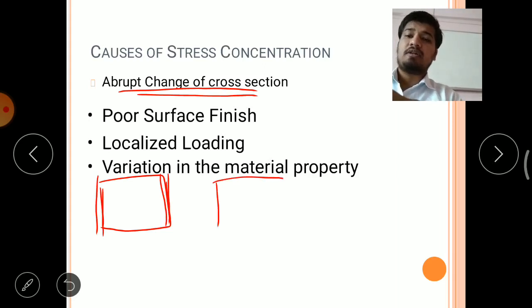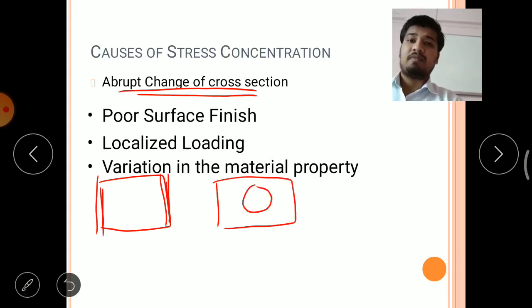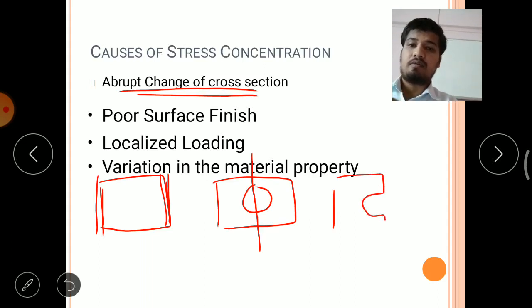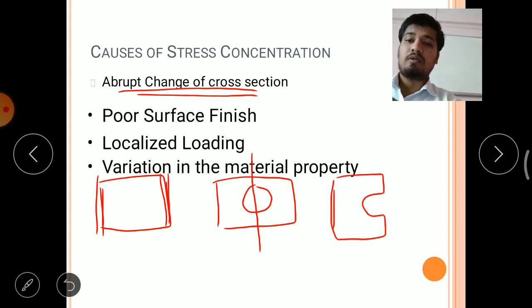In the second case, we manufactured one hole inside the material, and by applying external pressure, the material is going to break in this direction. That time we have one part of the material, you can see here, this one is one part when it is going to break.